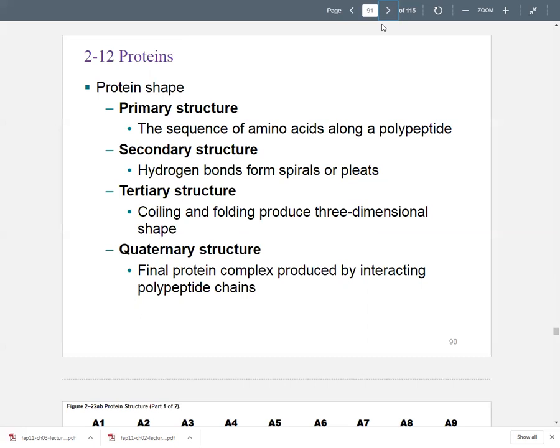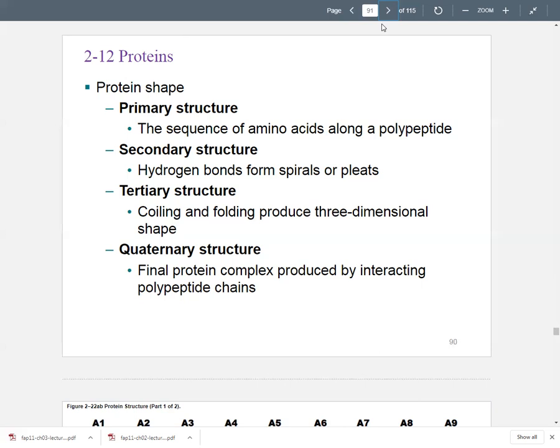Tertiary, anybody know what tertiary means? Yeah, tertiary is the word for 3. So 3-dimensional shape. We're not just looking at the hydrogen bonds, we're looking at how the whole molecule coils and folds to produce a 3-dimensional shape.